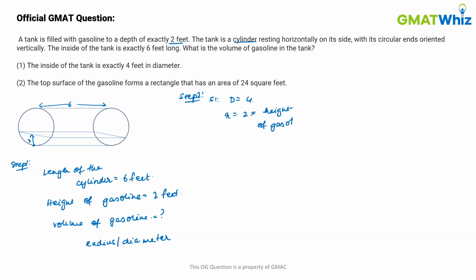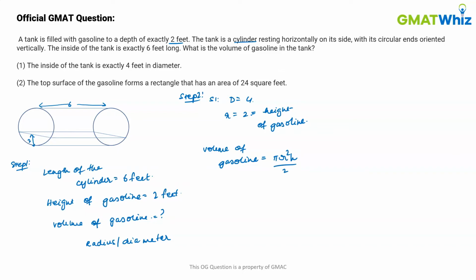So this implies that the gasoline is filled exactly half of the volume of the cylinder. Okay, so volume of gasoline will be equal to the volume of the cylinder, which is pi r square h by 2. We know the value of r is 2, h is 6.